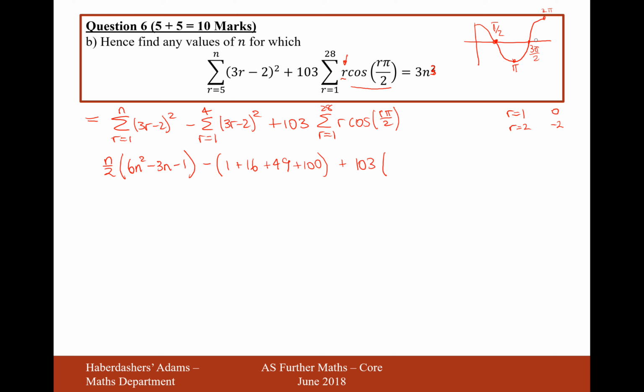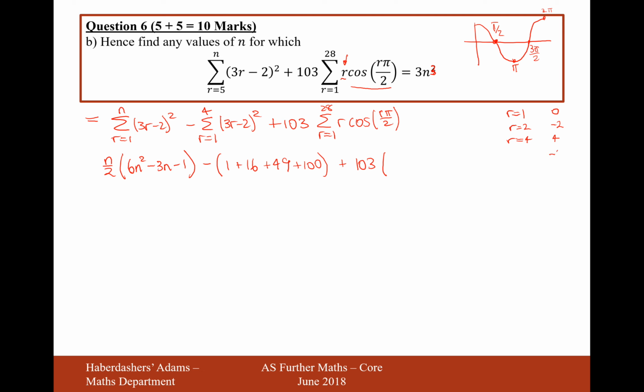So in fact there's no use going for the odd numbers anymore. So when r equals 4, let's put that in now, it's going to be 4 pi over 2, that's going to be 2 pi, but then we need to put the 4 in at the start as well, so that's going to be 4. And then the same pattern is going to carry on. When you put 6 in, that's going to be 6 pi by 2, that's going to be 3 pi, which will be back down at minus 1.